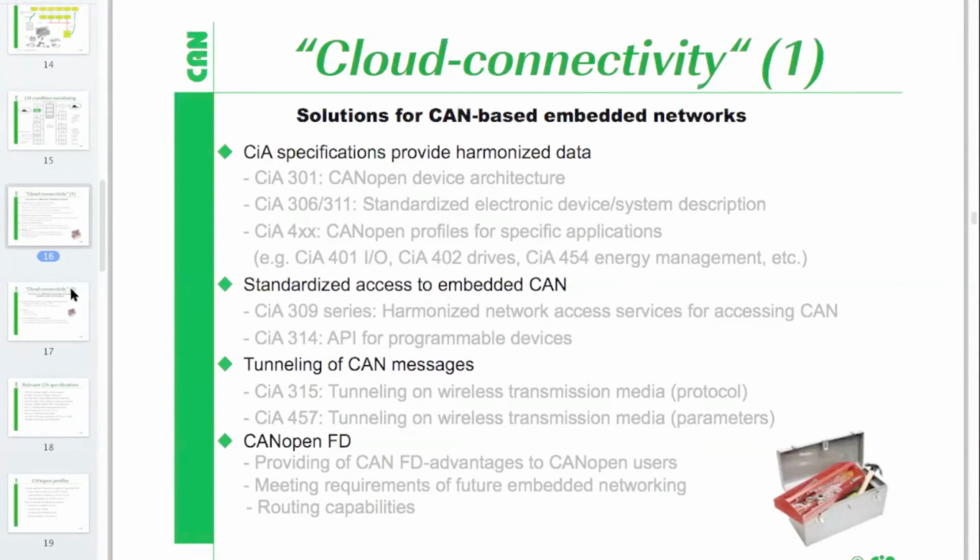Then where do you find this? If you want to design this yourself, or come up with an idea, or just want to know this: for cloud connectivity in general, for IoT, for Industry 4.0, we have certain solutions already provided in the form of specifications. We offer certain topics like a standardized data interface, which you could find in our basic specification.